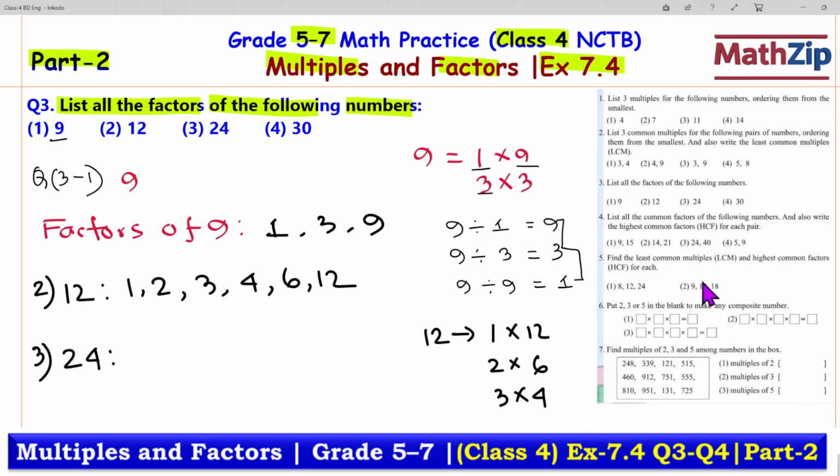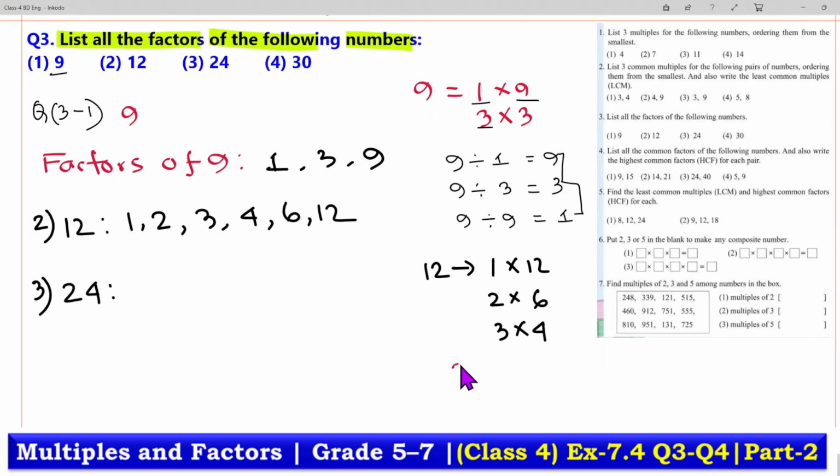So let's find out. 24 we can write as 1 times 24 is 24, 2 times 12 also 24, then 3 times 8 is also 24, 4 times 6 also 24. 7 is not possible, 8 already done.